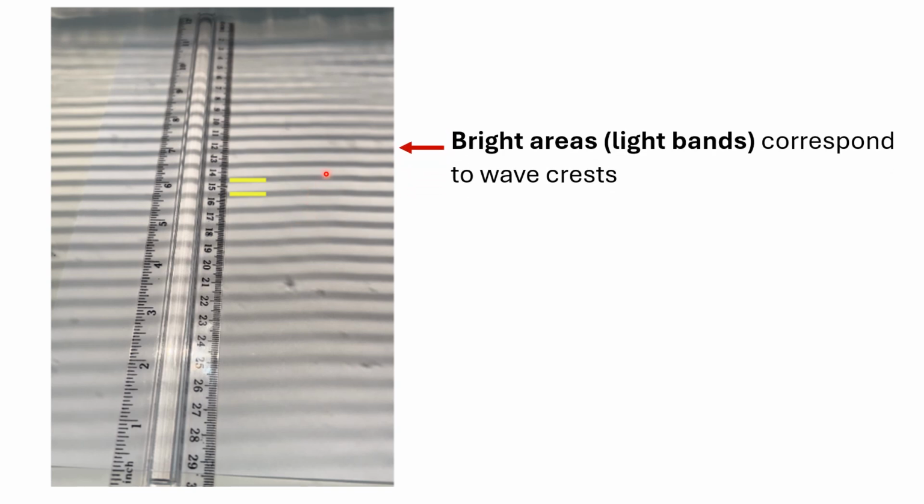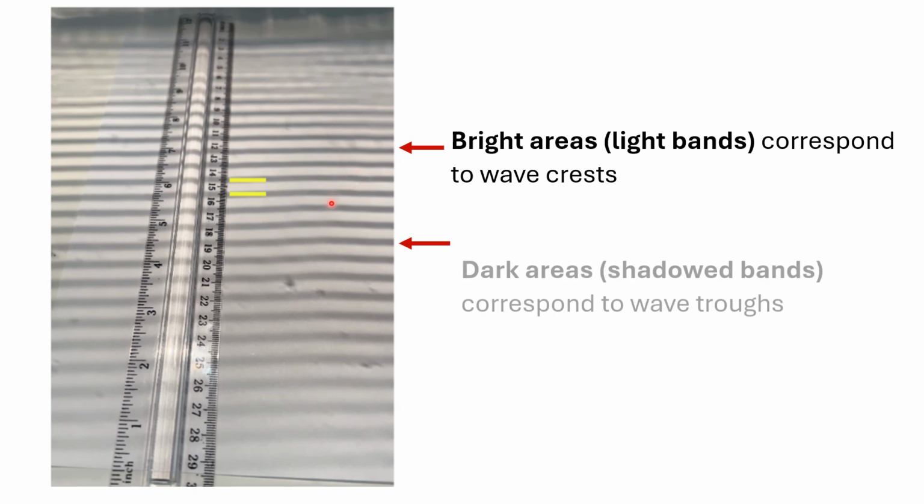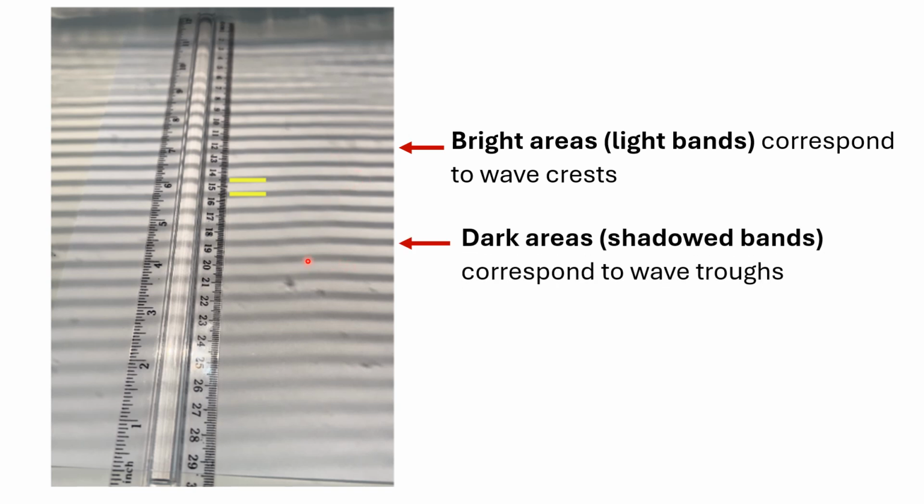The bright areas correspond to the wave crests, and the dark areas correspond to the wave troughs, and the distance between two consecutive troughs gives us the wavelength. Likewise, two consecutive bright areas or crests give us the same wavelength, and we can measure with a ruler placed on the paper.